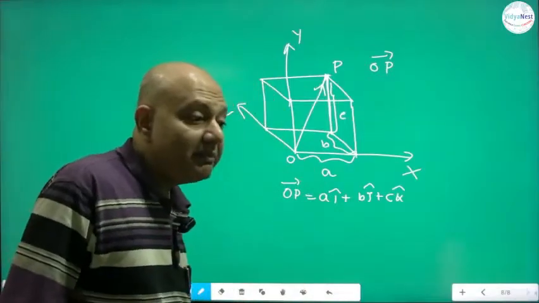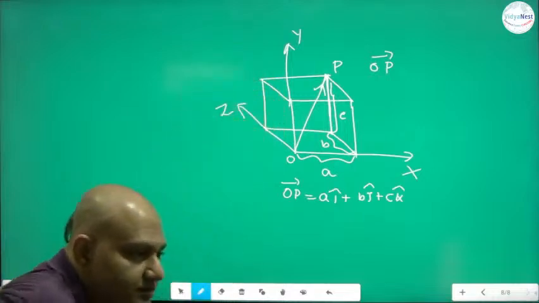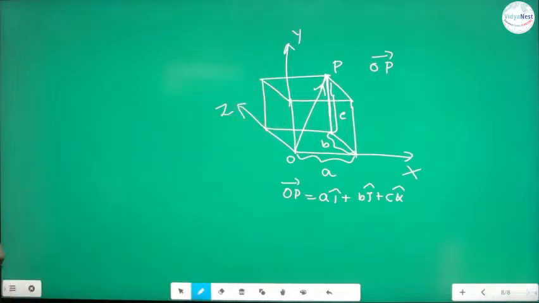This is a three-dimensional representation of a vector. Clear? Very good. You can see the length along x-axis is A, along y-axis is B, and along z-axis is C, x, y, z.